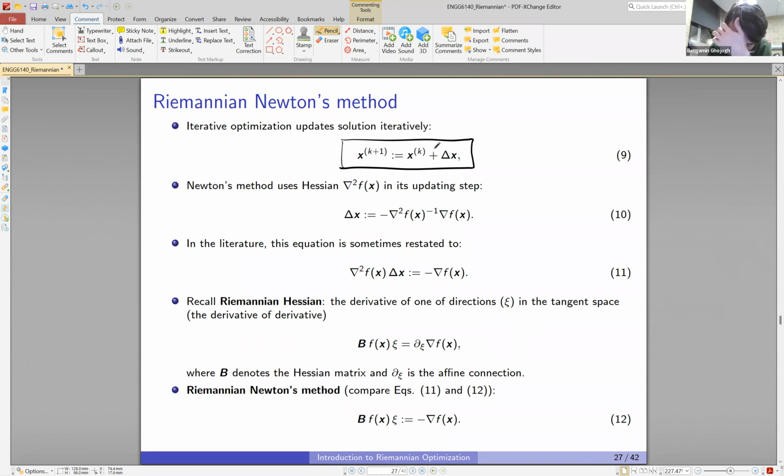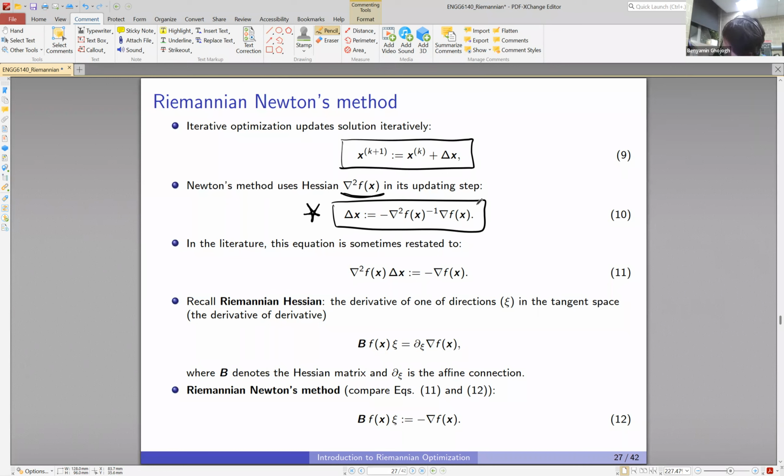Here, Newton's method uses the Hessian in updating this step. It uses both Hessian and gradient, and delta x is this, minus Hessian inverse gradient. For proof of this, take a look at my lecture in optimization techniques. In one of the lectures on my YouTube channel, I have talked about Newton's method.